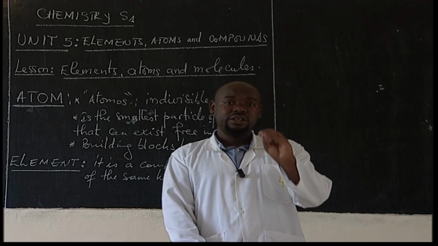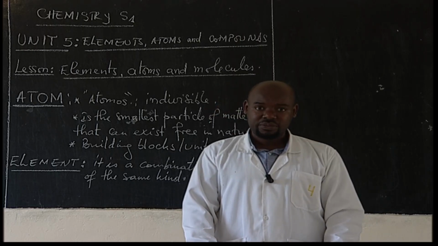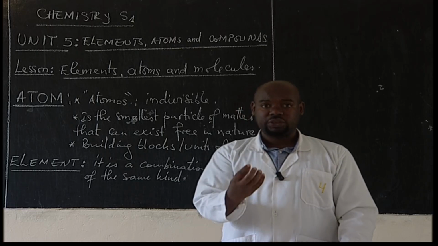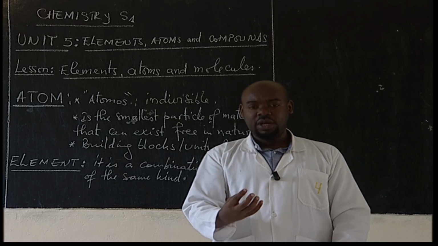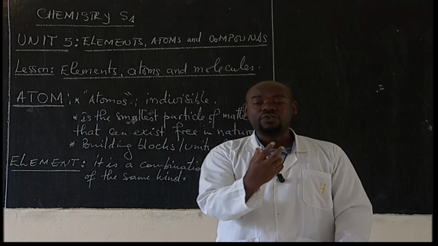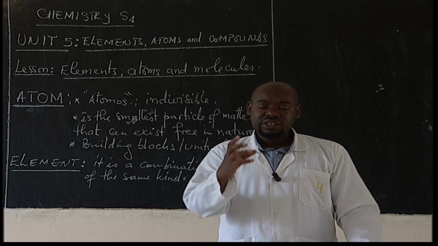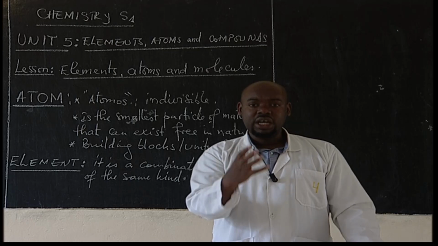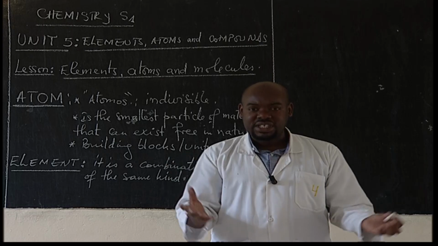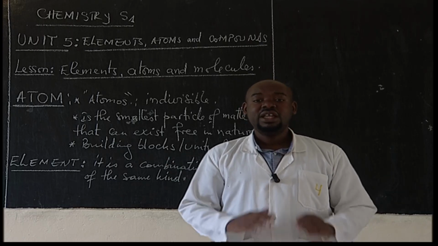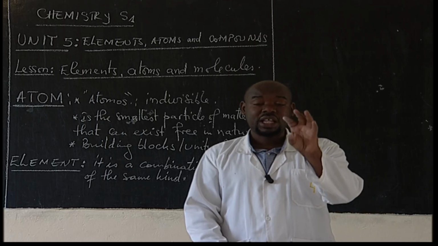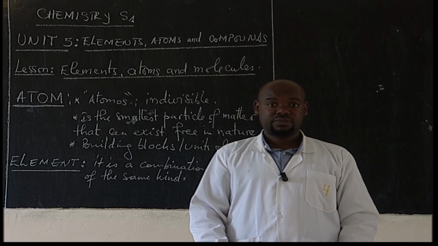So that iron is a pure substance. And the iron we are talking about, in its pure form, is composed of the same kind of atoms. The building blocks forming that pure metal are all of the same kind. They are identical. So because of that, we call that iron an element.